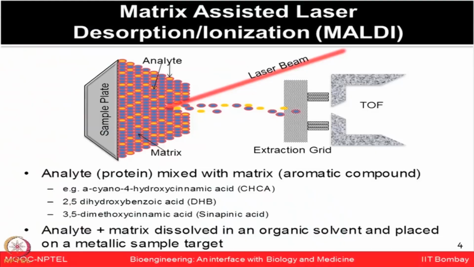So, there are different types of matrix which can be used to crystallize this particular protein. The analyte and the matrix are dissolved in organic solvents, crystallized and put on the metallic sample target plate, on which you do the laser bombardment, and these ions, based on the mass to charge ratio, can be further separated in the time of flight tube.